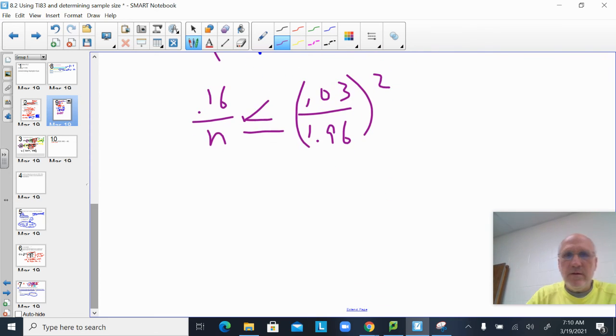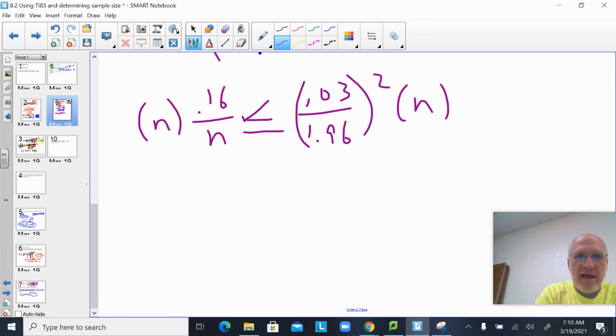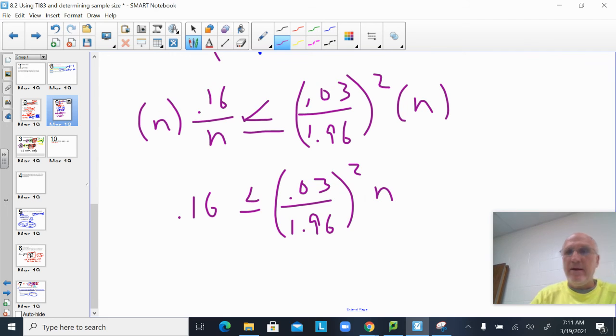Now what? Since that n is in the bottom, I want to multiply it to the other side. So I'm going to multiply both sides by n. All right, so now I have 0.16 is less than or equal to 0.03 over 1.96, squared, times n.